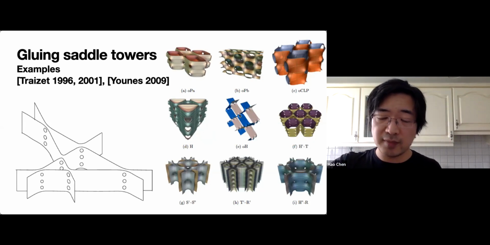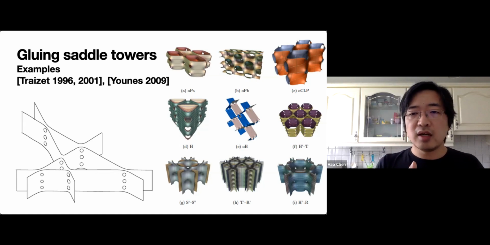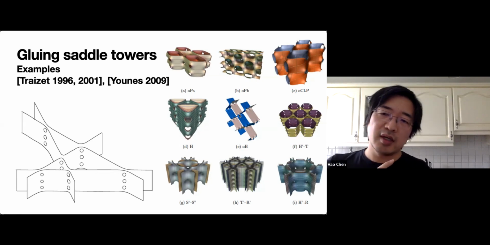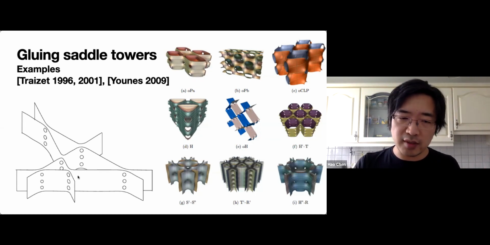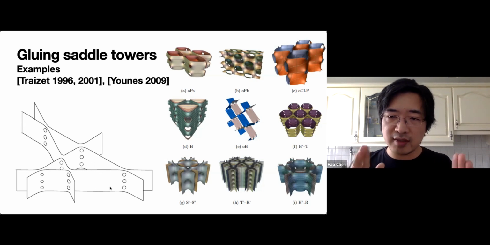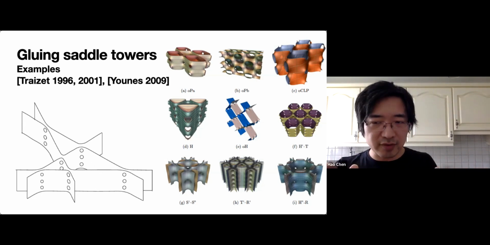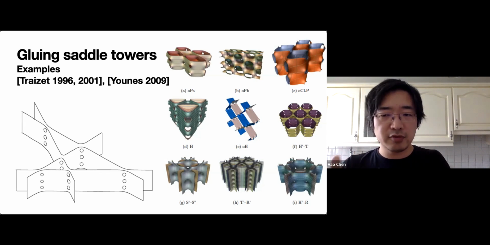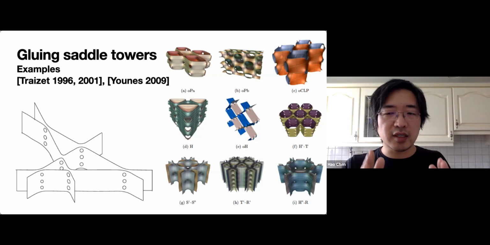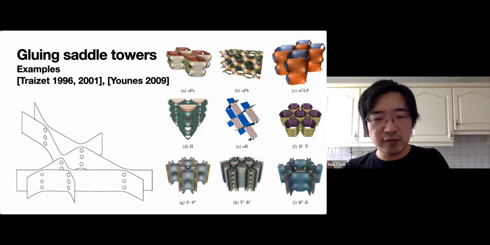In this context, each saddle tower is a punctured sphere, and punctures are identified to form vertical planes. So the nodes are these vertical planes. When I say glue something, it is not rigorous, because when I say glue catenoids, the catenoids correspond to the nodes. But when I say glue saddle towers, the saddle towers correspond to the punctured Riemann surfaces.